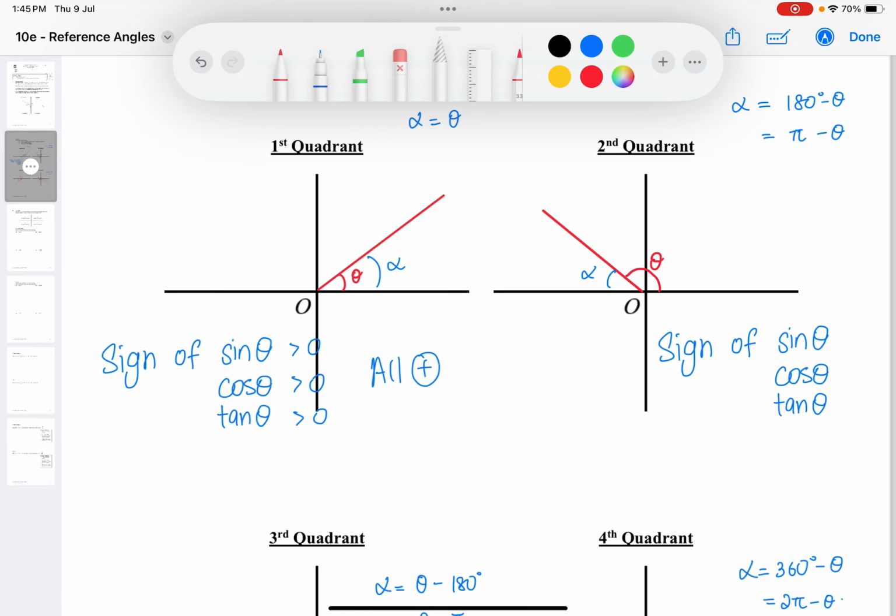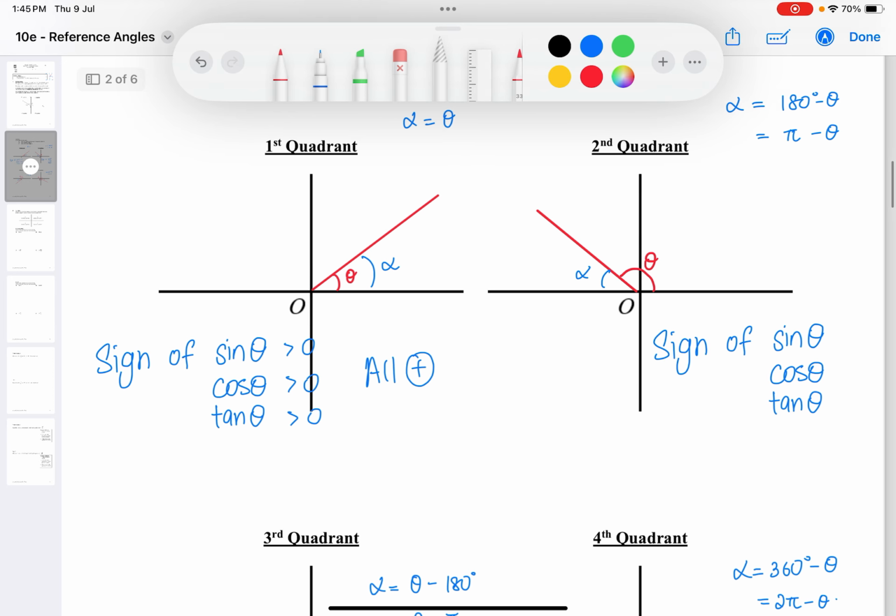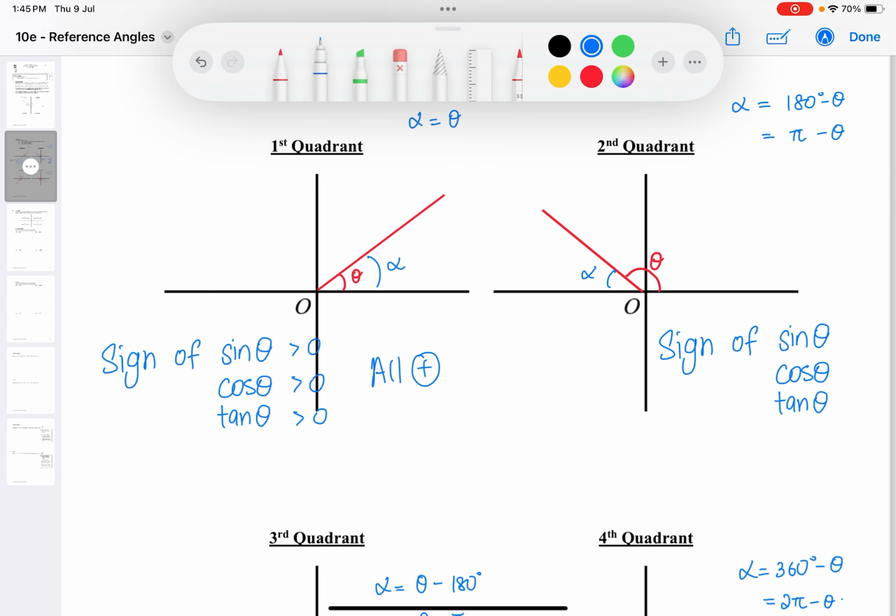In the second quadrant, how will the sign change? I'm not going to explain again. In the second quadrant, the sine function is positive, but the rest are negative. So only sine is positive.